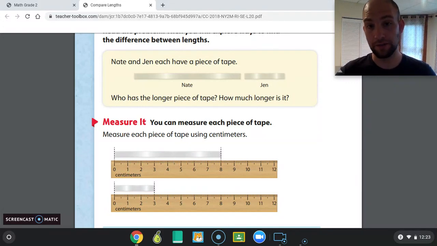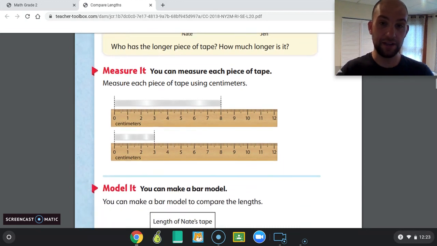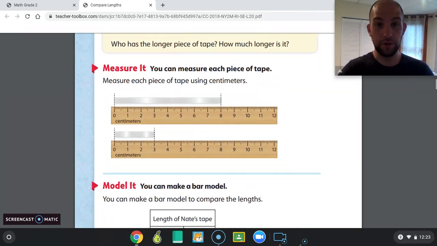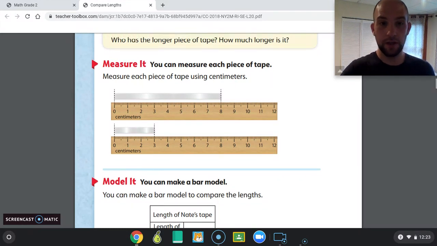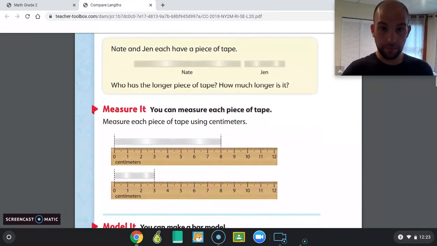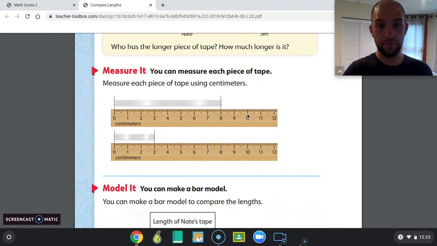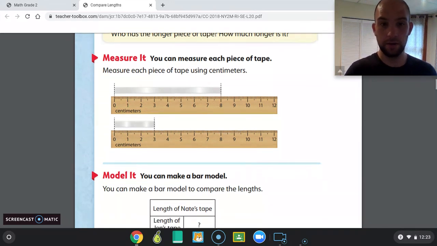Who has the longer piece of tape and how much longer is it? We have a couple of handy centimeter rulers down here to show us how long each piece of tape is. It looks like Nate's piece of tape, this one here, is 8 centimeters. Jen's piece of tape is 3 centimeters.